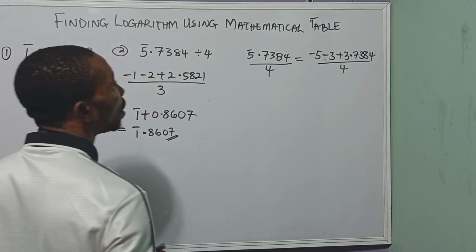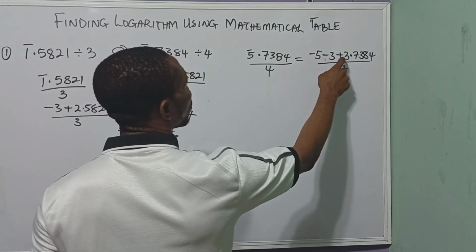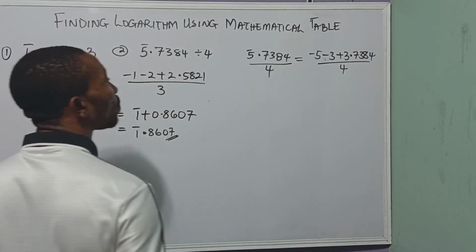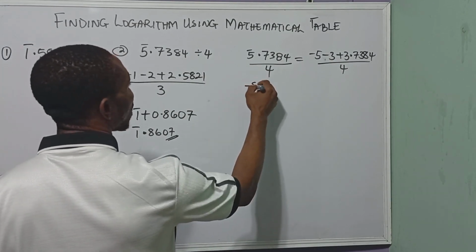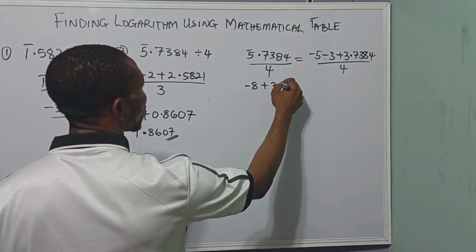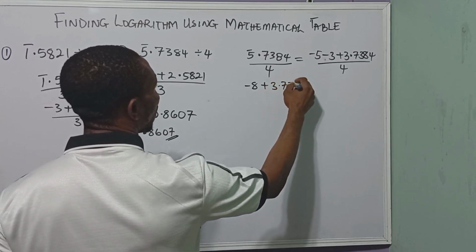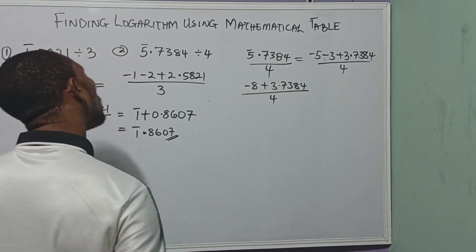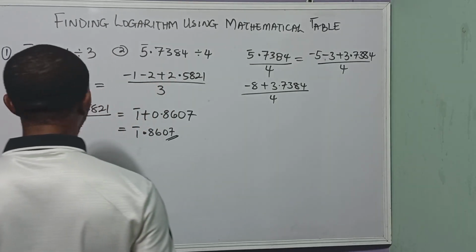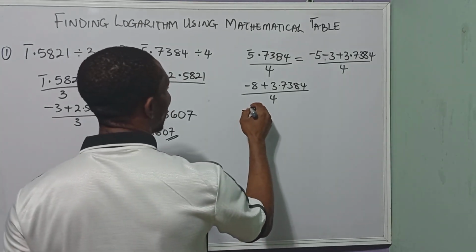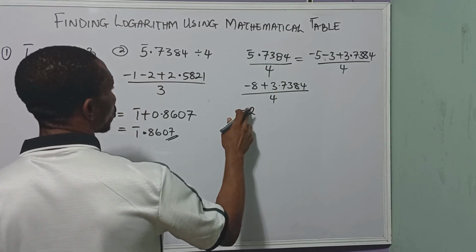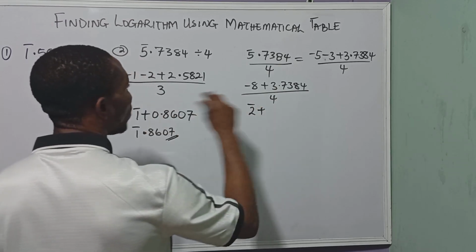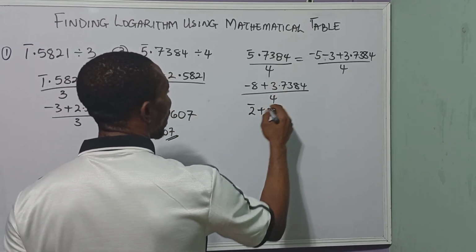Okay, this is minus 8 plus 3, which will give us minus 5. Alright, so here we are going to have it as minus 8 plus 3.7384 over 4. Now, 4 into 8 will give us 2, and minus 2 plus, okay, 4 into 3, 0 point.